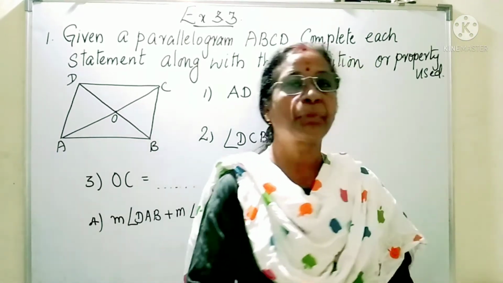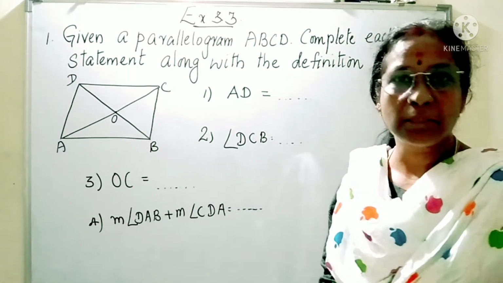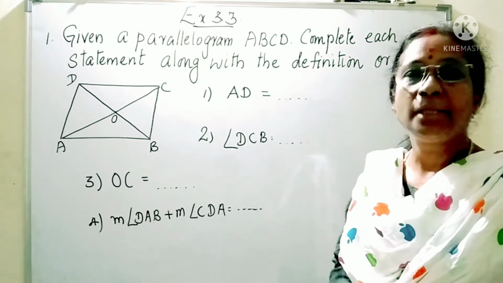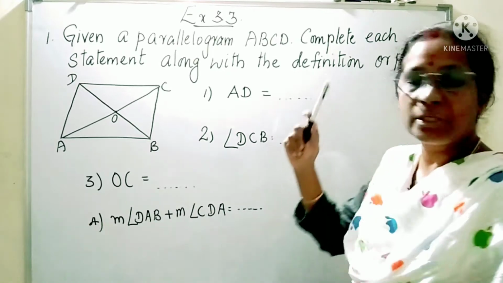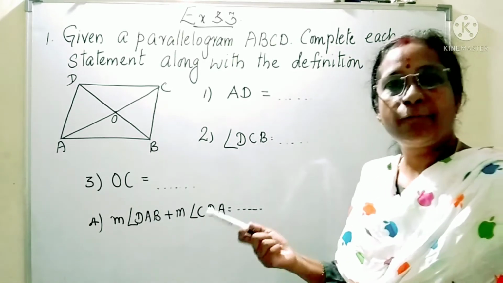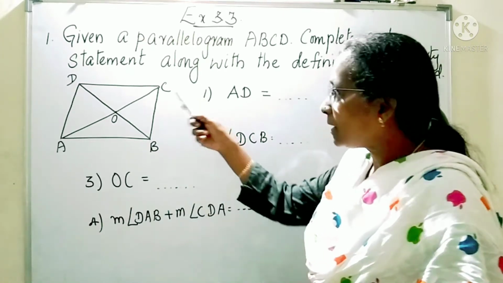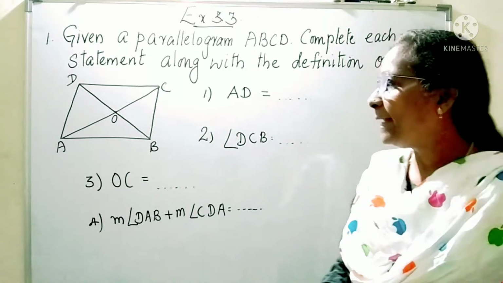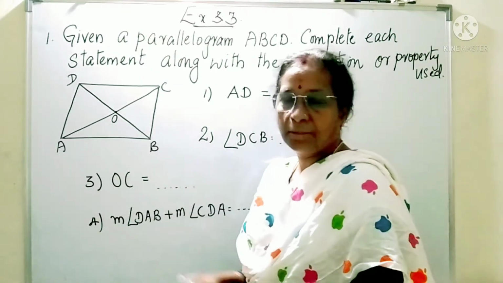Looking at the parallelogram, you have to complete the statements and then write why it is so. You need to write the reason. You can write either the definitions or the properties we used. The name of the parallelogram is ABCD. The diagonals are AC and DB and they bisect at O.